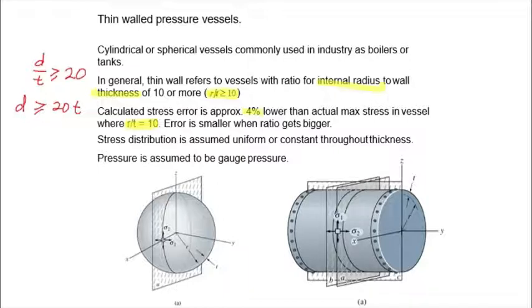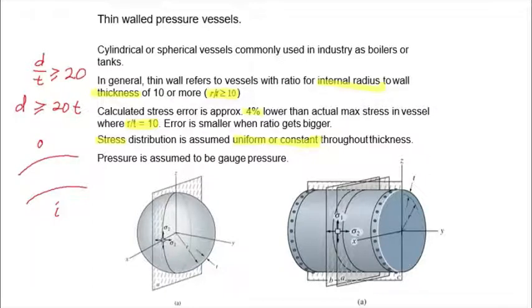Now, we also have some assumptions that we should make in our development process for the equation. First, we assume uniform or constant stress throughout the thickness. The stress distribution is constant throughout the thickness. Meaning, if you take the stress across the thickness of the wall, so we have the thickness of the wall, right, like that. Okay, this is inside, this is outside.